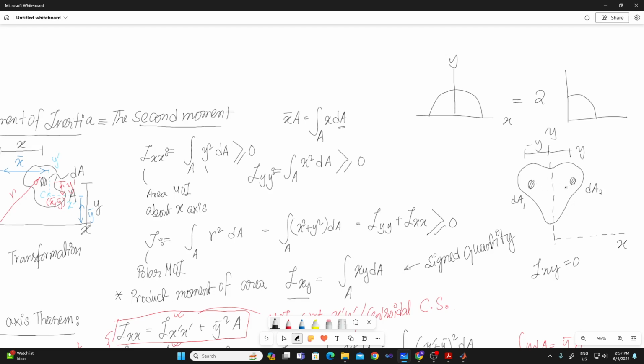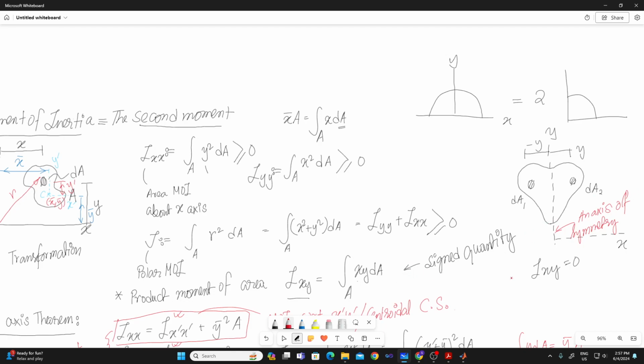Whereas for both of these, the x coordinate is the same. So when you substitute that the x value is the same, but the y value is one plus and another minus, eventually this becomes 0. And anytime there is an axis of symmetry, the product moment of area vanishes.